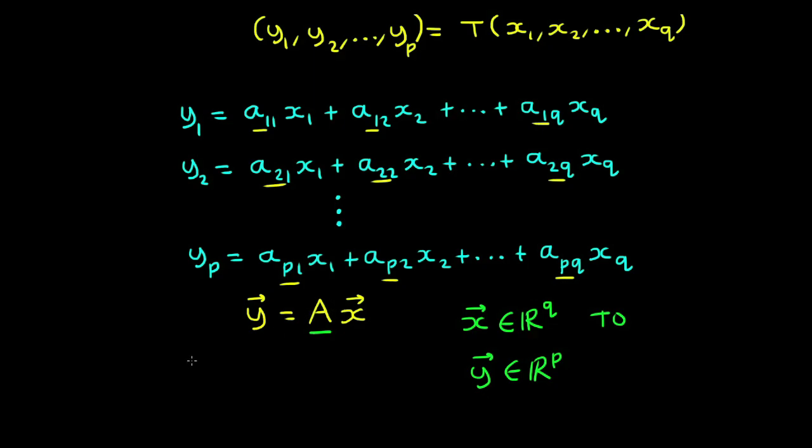So we can denote this transformation as TA from the vector space of q tuples to the vector space of p tuples. And again, if we have the same number of independent variables as dependent variables, so where p is equal to q, so in addition to being called a transformation from R^q to R^p, it's also called the operator.